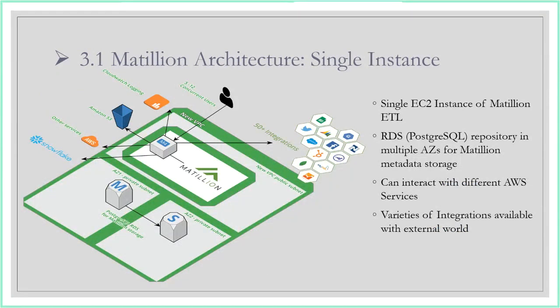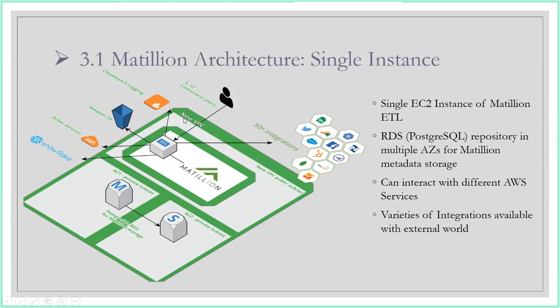If you are aware of AWS cloud services, it has one VPC, and within that VPC we have one public subnet, and within that public subnet we are launching one EC2 machine where my Matillion is installed, or where my Matillion is running.